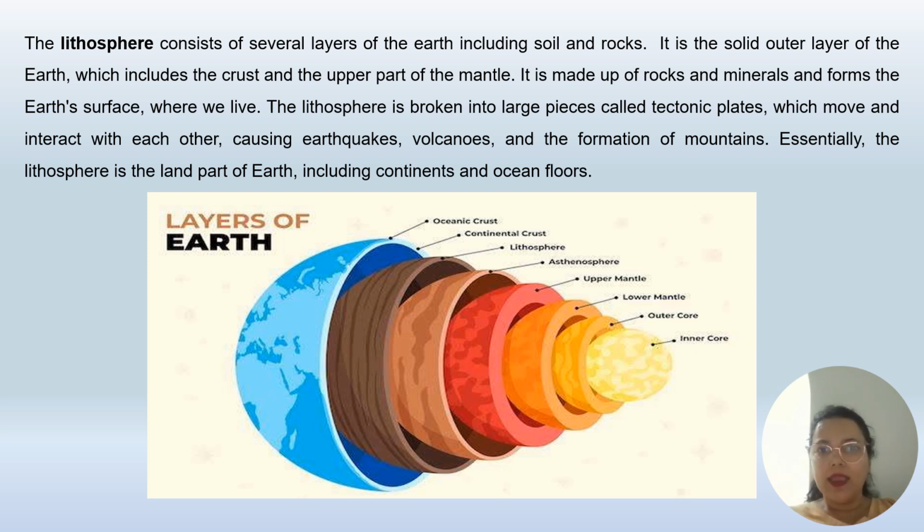includes all the soil and the rocks, and on the ocean floor, if you can see here on the picture, you get tectonic plates. These tectonic plates form the different continents; our continents rest on these tectonic plates.